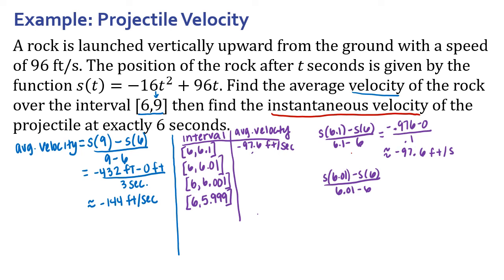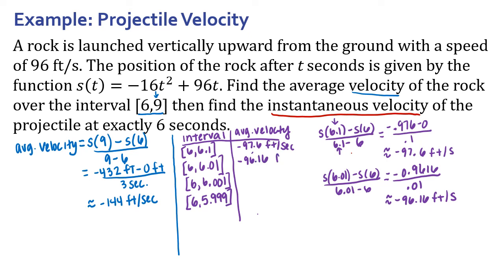So we need to make sure if I'm doing 6.1 first up on top, I need to do the same thing on bottom. So when I go to find this one, I'm going to get about negative 0.9616 all divided by 0.01, which is about negative 96.16 feet per second.